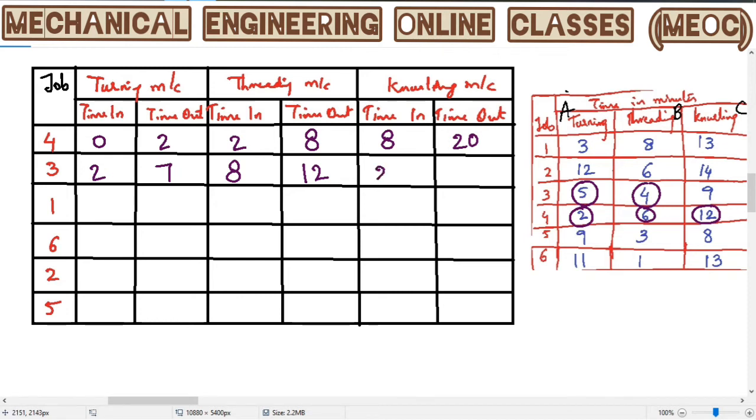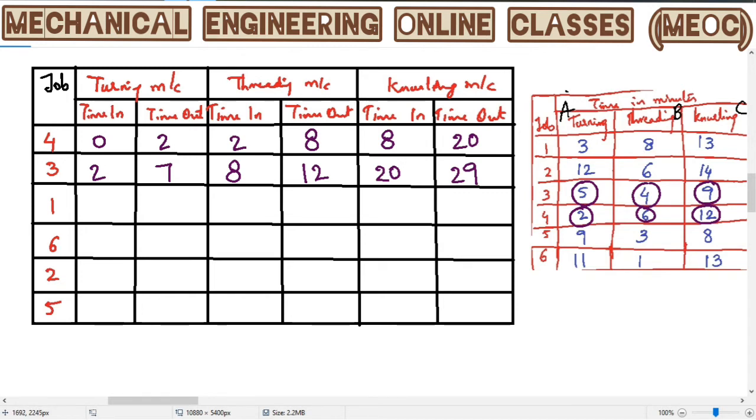So at the 20th minute job 4 is completed and the knurling machine will be free only after these 20 minutes. On that 20th minute job 3 will be taken up. How much time does job 3 need on the knurling machine? It is 9. So from 20 it will need until 29. In a similar fashion we can write for all other jobs.